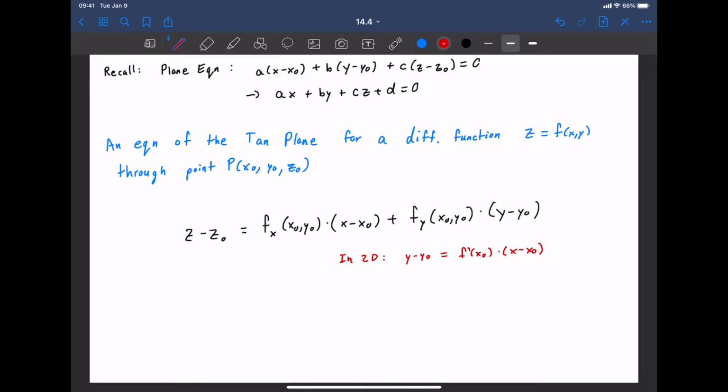Why do we need two derivatives in 3D land for a surface? Because there's at least two directions we could pursue. A better question might be, why do we only need two derivatives? Why not use all the different directions? It's because we only need two directions to give us a plane, right?